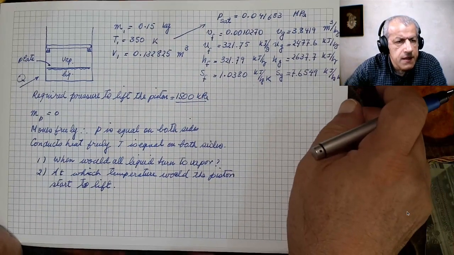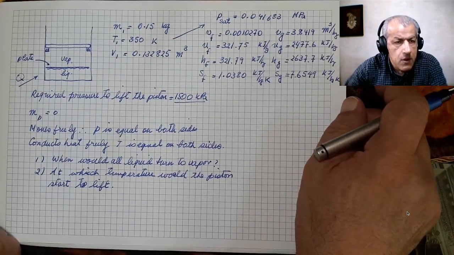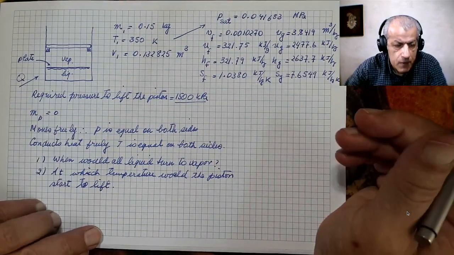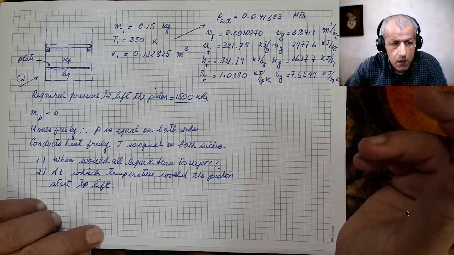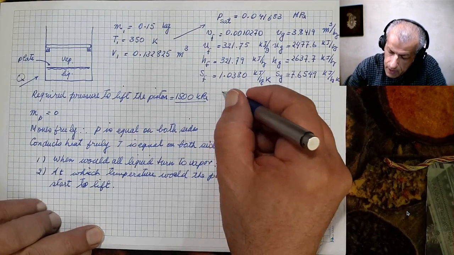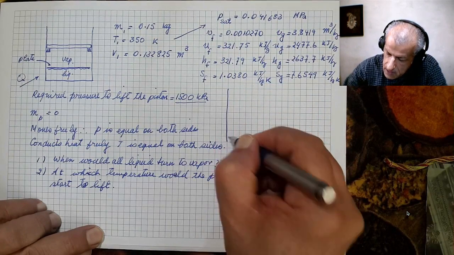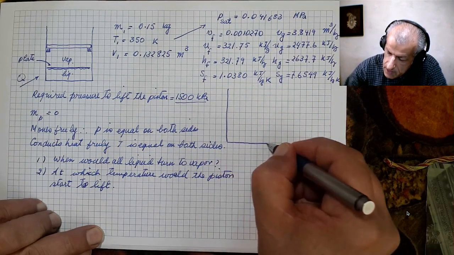These are the properties of water, regardless of where our problem is. It's a good practice to draw our diagram right away and just present these properties on a diagram.